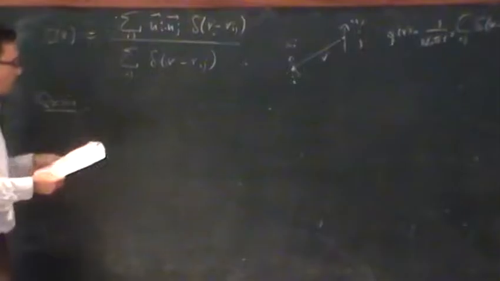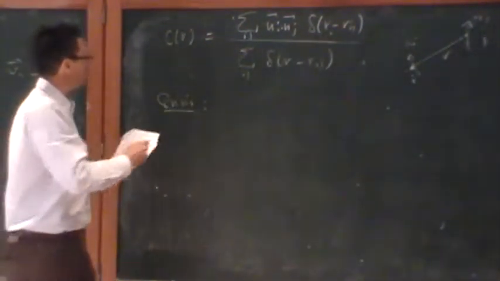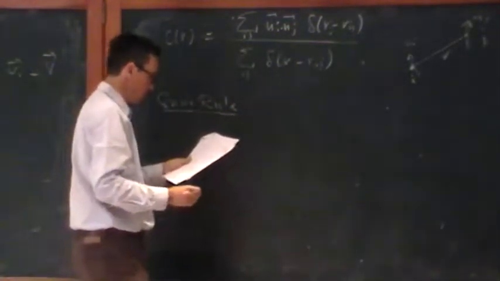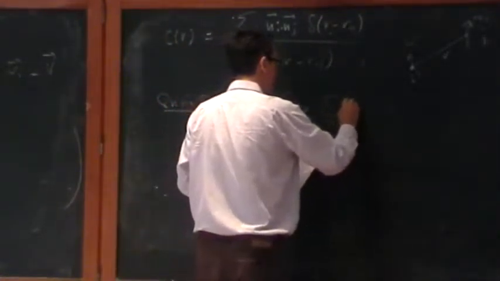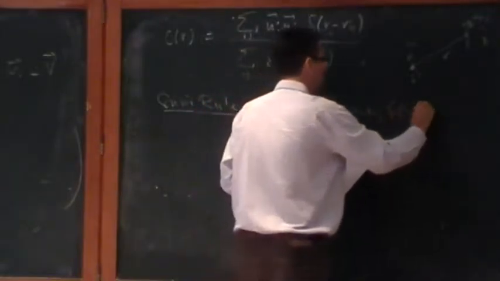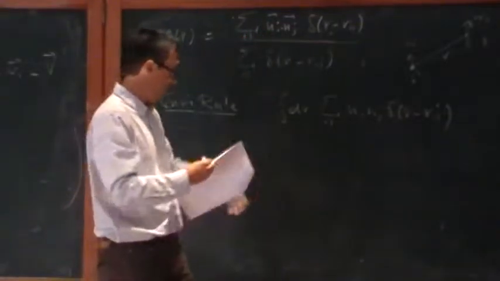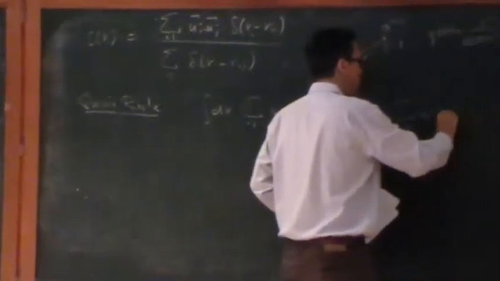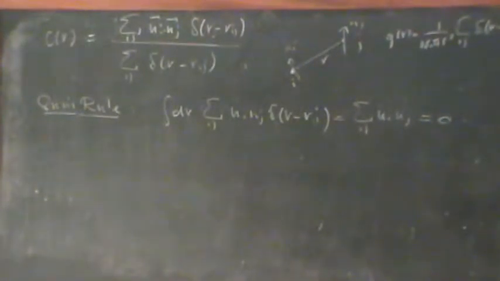Here you have the fact that you have computed the correlation function by using the space average. This gives an interesting, well, not that interesting, but an important to remember sum rule, because you know that the integral over r of the sum over i and j of u_i u_j delta of r minus r_ij, so the integral over r of the numerator, this integral hits the delta function, so it's the sum over i and j of u_i u_j, and this is 0 by definition, because of course the sum over i of u_i is equal to 0.